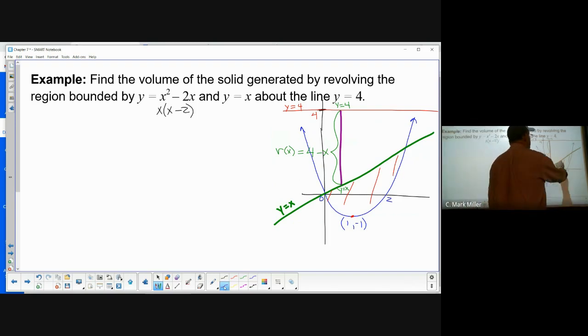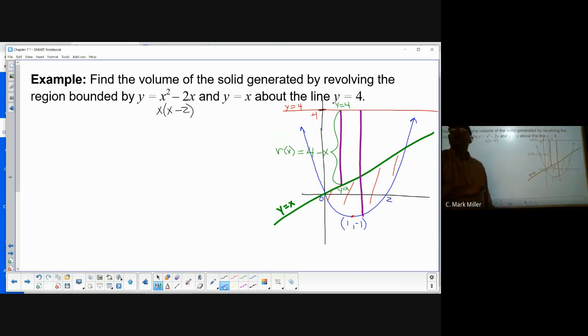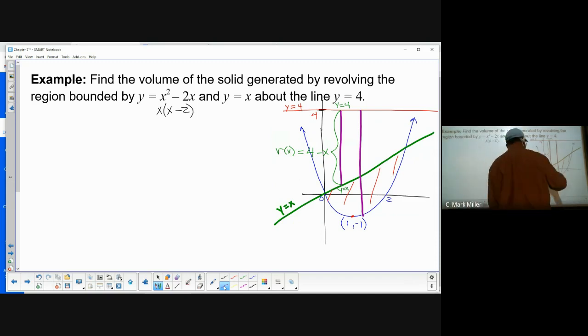It is from there to there. The top one is y equals 4. The bottom one is y equals x squared minus 2x. All right, so what's that distance?